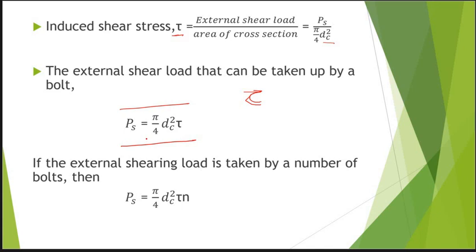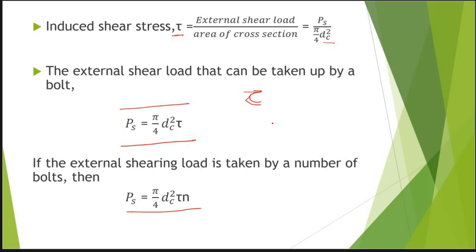If you are using more than one bolt for carrying the shear load, we use this formula: PS is equal to pi by 4 dc square into tau into n, where n is the number of bolts. So the total external shear load is carried by n number of bolts, and under that condition it can carry more force.